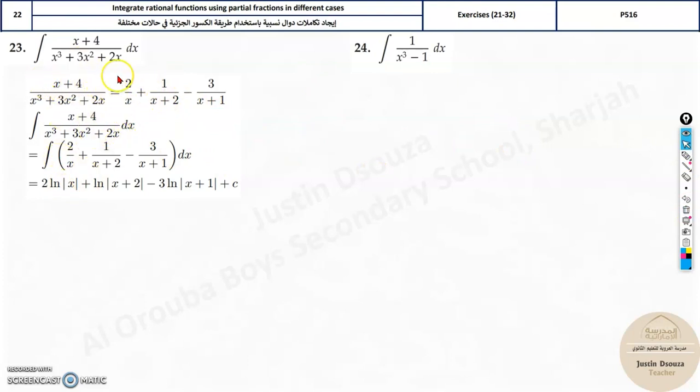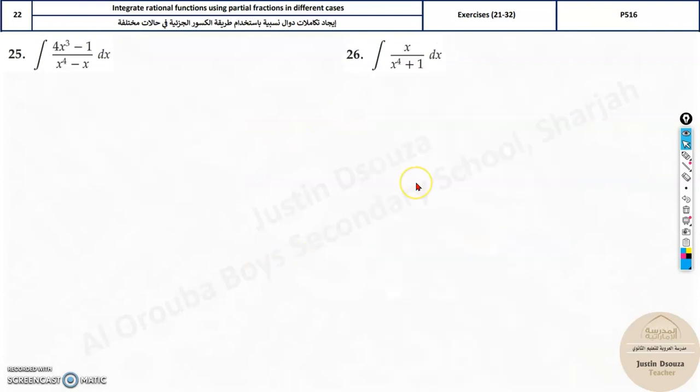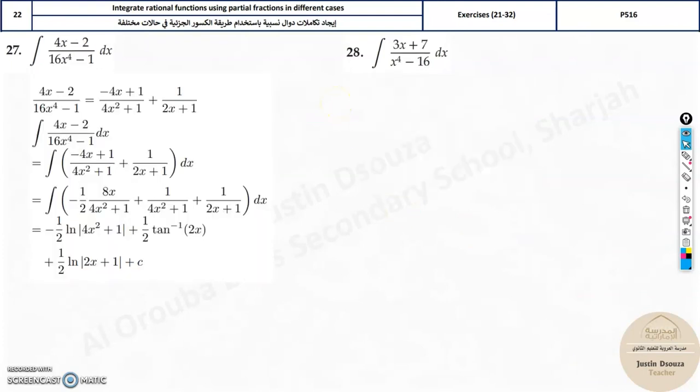You need to multiply the 2 factors over here to each term and then equate the numerator and you will get these answers, and that's it. So the detailed steps are there. You can follow them. They're very easy. Whatever methods I've just told, please follow them and these will all be very, very easy.